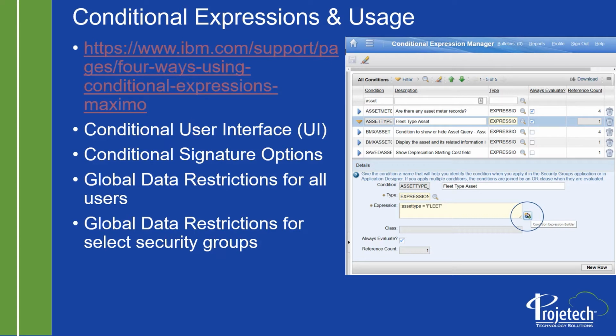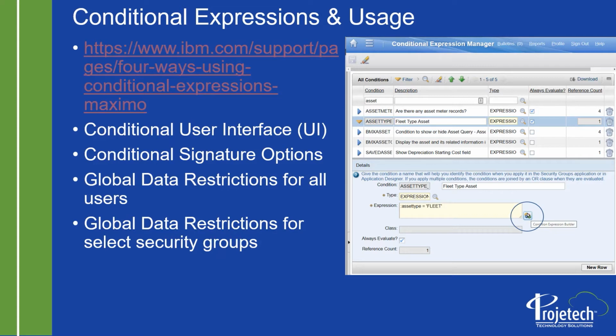Conditional user interface, or conditional UI, will alter what is shown, required, hidden, etc., based on conditions for all users in terms of global data restrictions. Conditions can also be set based on security options, of which many are already set in the application when it's initially installed, just to give you features depending on organization settings or even security settings that you use.